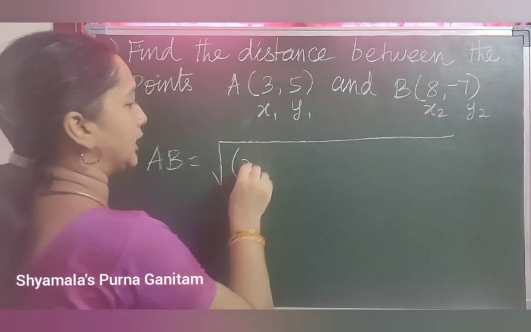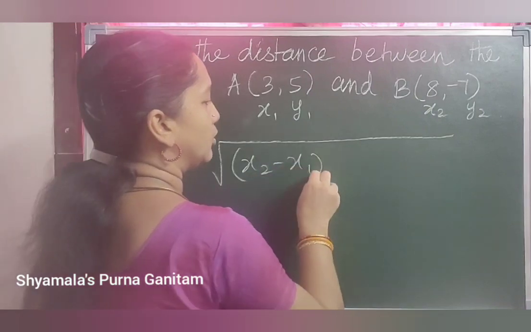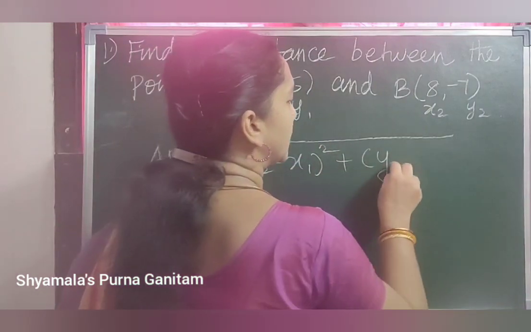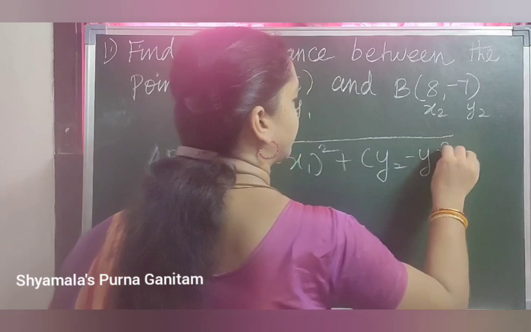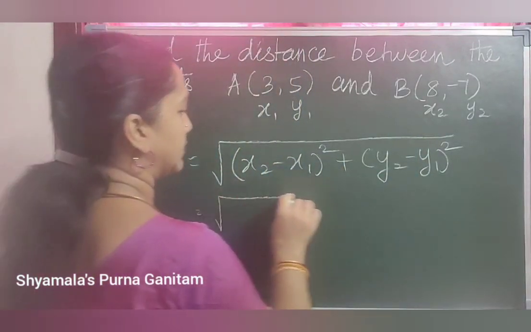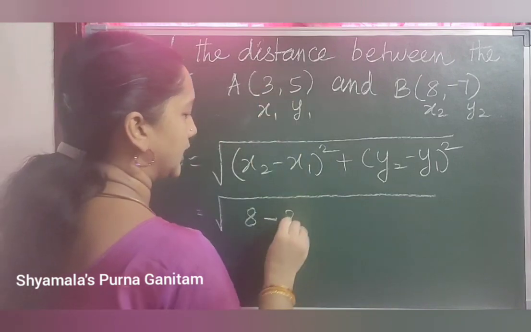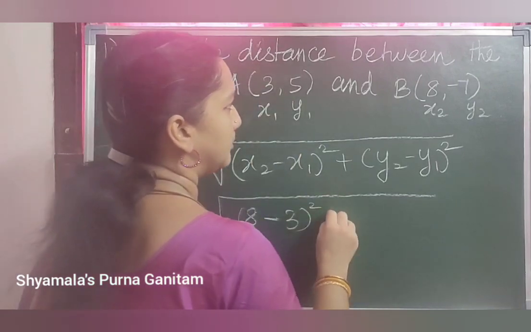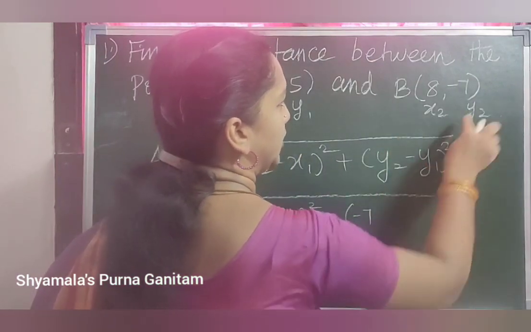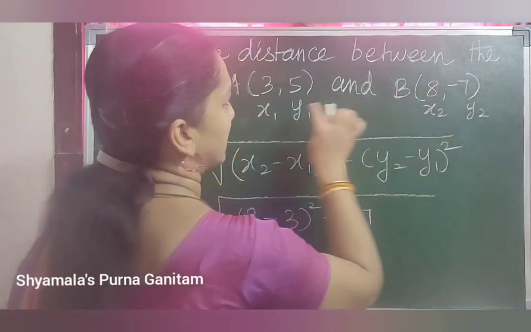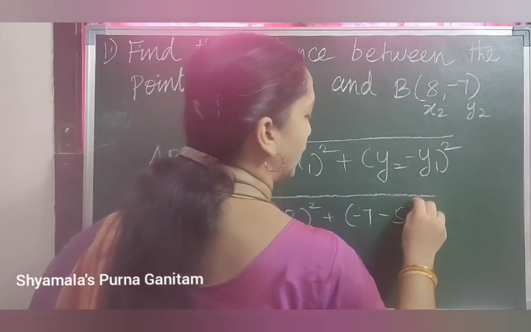The distance formula is the square root of (x2 minus x1) the whole squared plus (y2 minus y1) the whole squared. So x2 is 8, giving (8 minus 3) the whole squared plus (y2 is minus 7) (minus 7 minus 5) the whole squared.